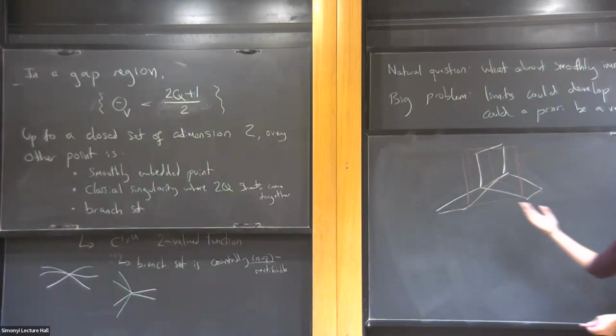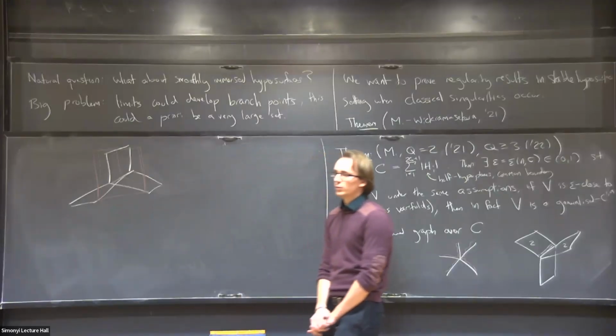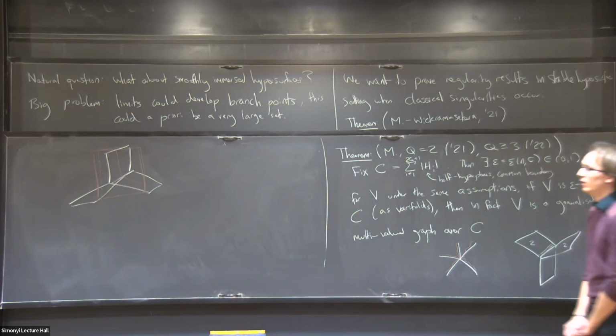But if you have a large branch set, I can't avoid this. How would you argue? The same idea essentially feels like it should work, because at a branch point, with this regularity theorem, I know it's at least a union of an even or an integer number of Lipschitz graphs, and so the number of boundary components should change.